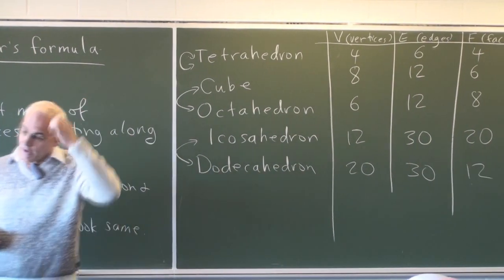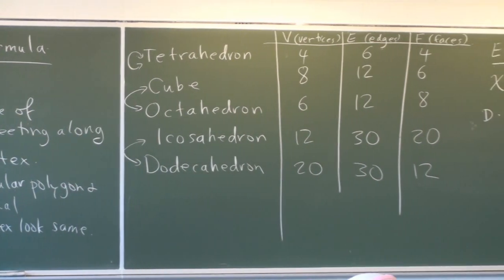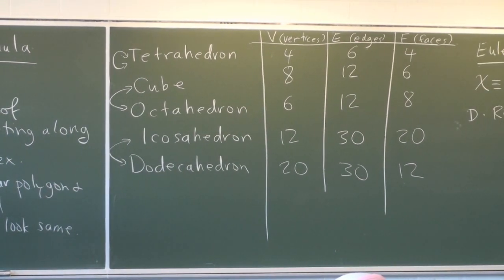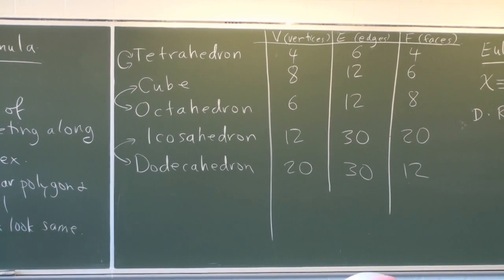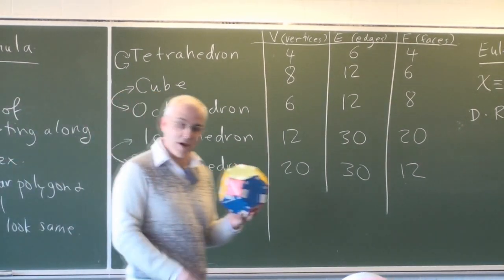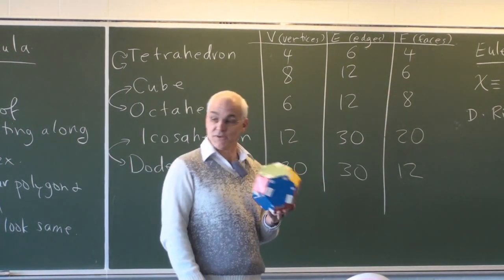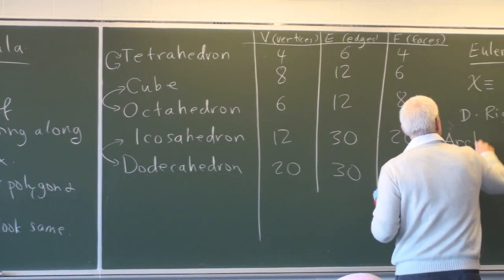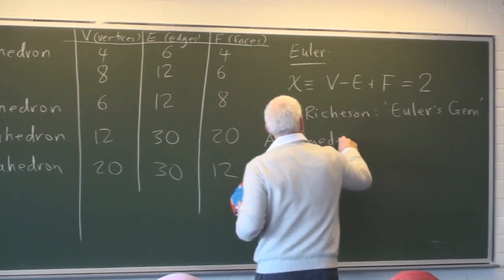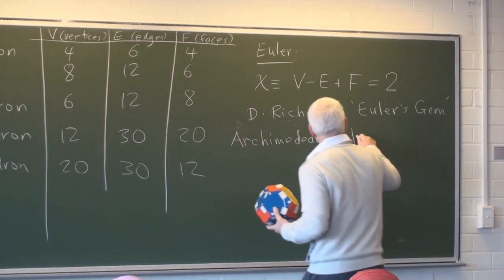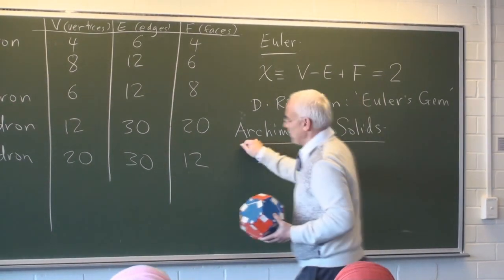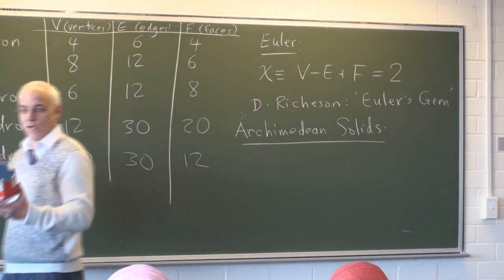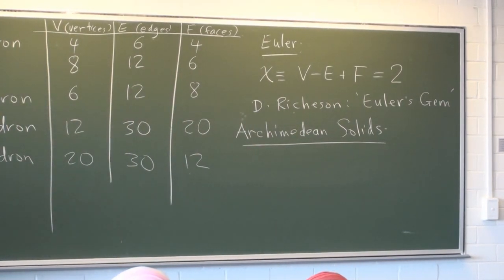types of polyhedra. Not just these Platonic solids, there is also another very rich family of solids called the Archimedean solids. Okay? They're not quite as regular as the Platonic solids, but they're still very interesting. The Archimedean solids. So these were discovered by the greatest mathematician of antiquity, Archimedes.